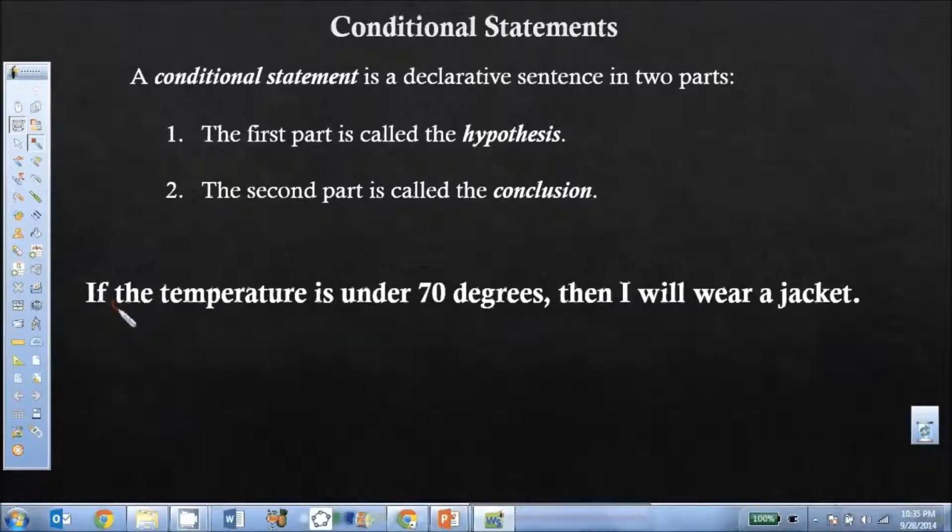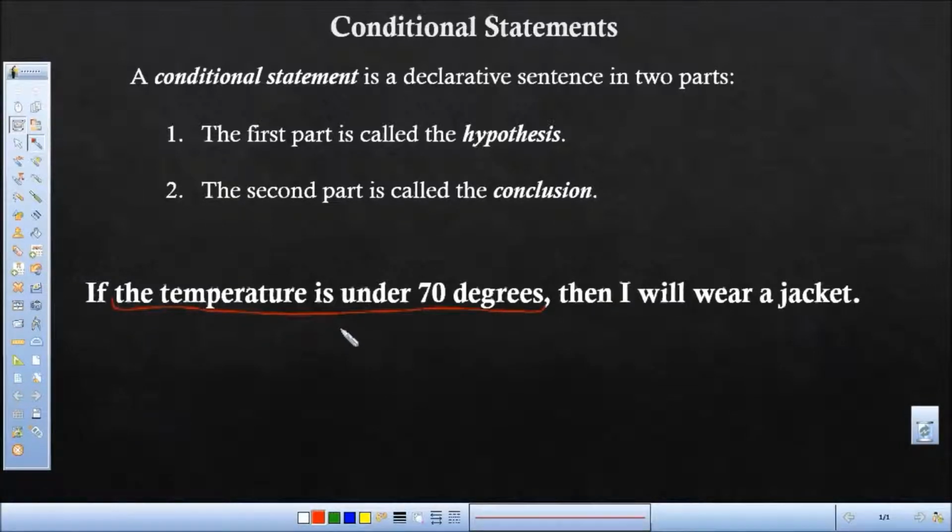The part of the sentence after the word if is the hypothesis of the sentence. And the part of the sentence after the word then is the conclusion. One thing to remember is that the word if and the word then are not actually part of the conditional statement.